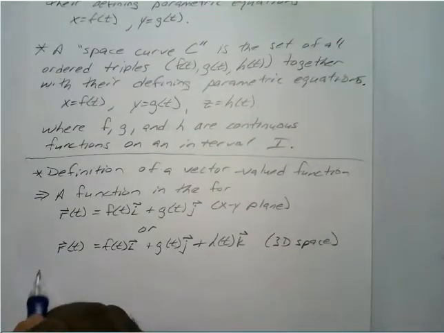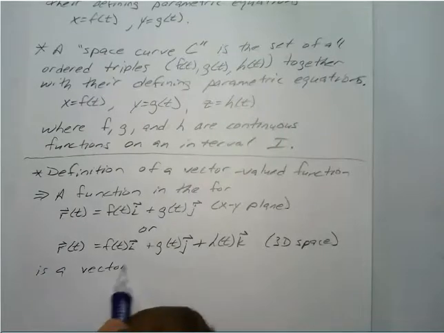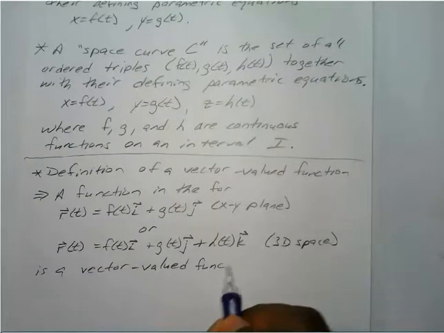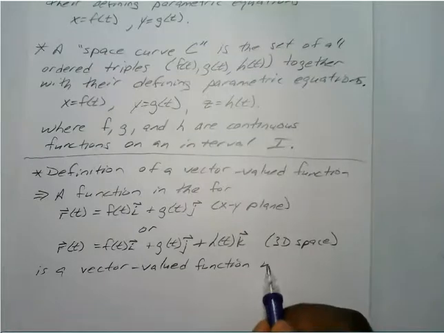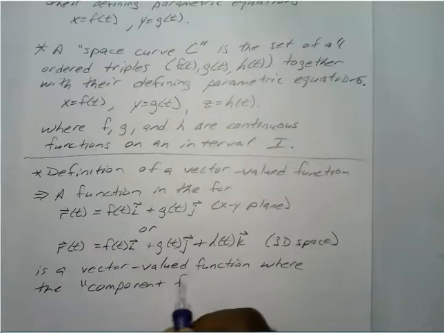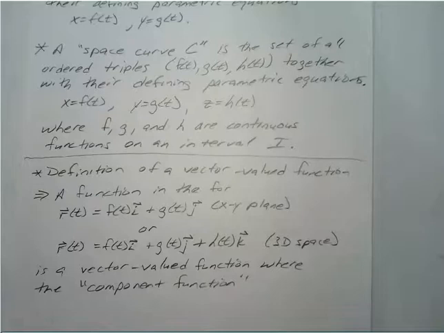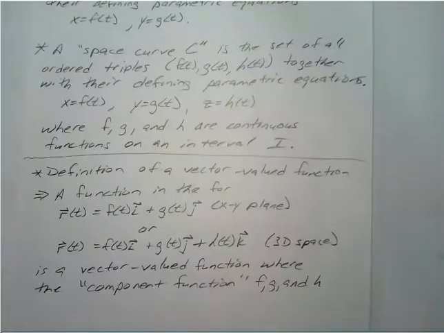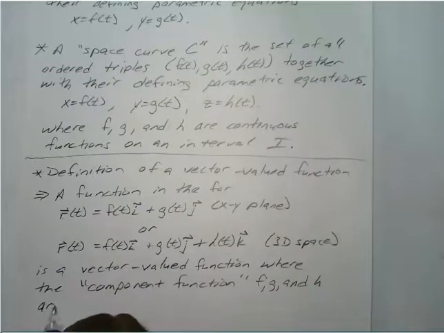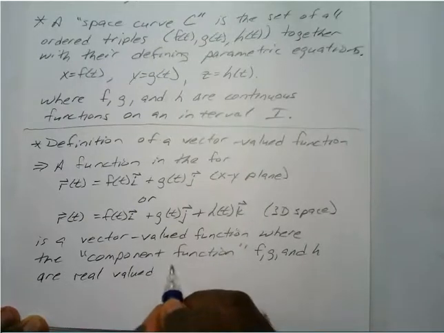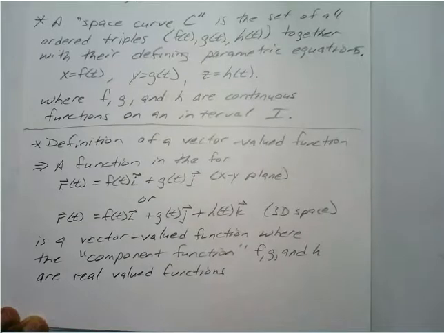So it is a vector valued function, to be more precise, where the component functions, f of t, g of t, and h of t, are real valued functions with t as your parameter, of course.